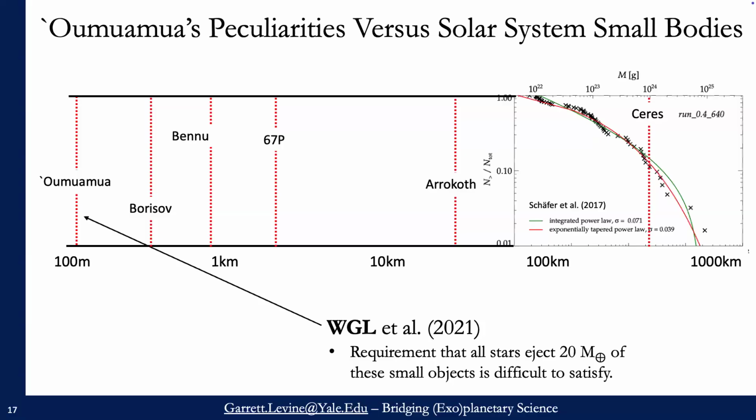Now, of course, the solar system produces a lot of 100-meter objects, but it still sequesters most of its mass in Ceres. And so there's some tension here between the discovery of Oumuamua, which means that there's 20 Earth masses per star of 100-meter objects, and the fact that the solar system at least puts most of its mass in big objects. Those two observations are in tension.